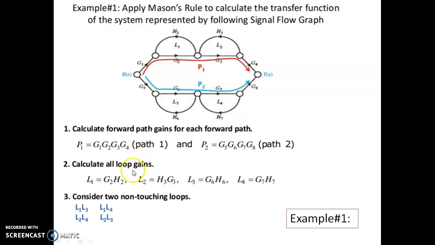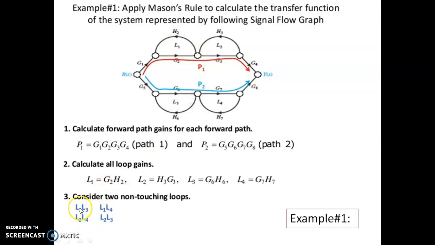After finding the loops, the next step is to determine non-touching loops. Consider any two loops which do not touch each other. L1, L2: both are touching each other. L1, L3: they are not touching.